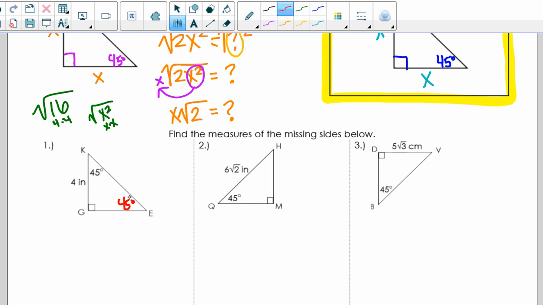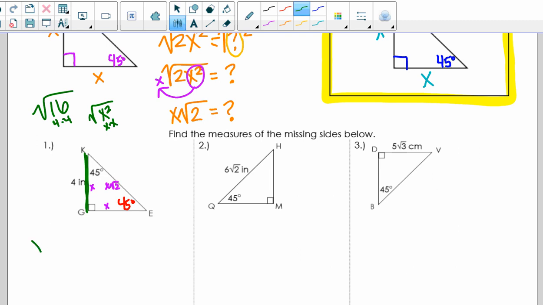The first thing I always do is I label my sides. So I know that this side is x, this side is x, and this side is x radical 2. And I always put those labels inside. Then you look and see, the one side I know is KG. Well, KG is 4 inches. It's also one of my x sides.